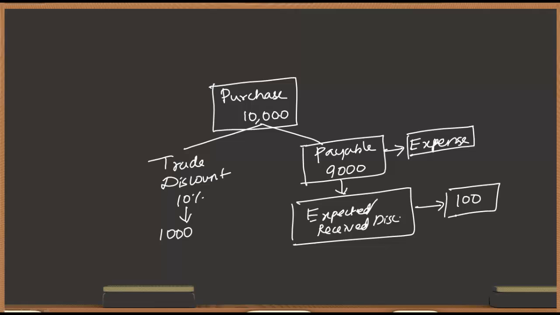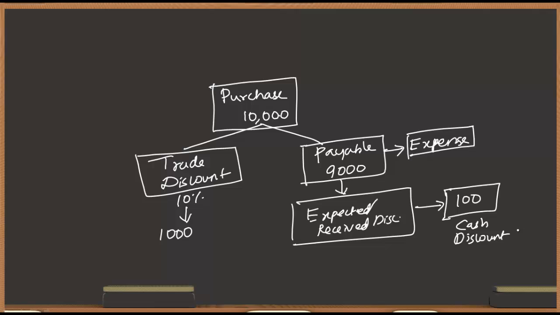Anybody who sees the account should understand that this company has been prompt in its payment, so it has availed a discount. This trade discount is not something unique to the company. It would be available for all who buy, but cash discount is something unique, and it should be accounted separately so that the benefit or the reputation of the company can be known.